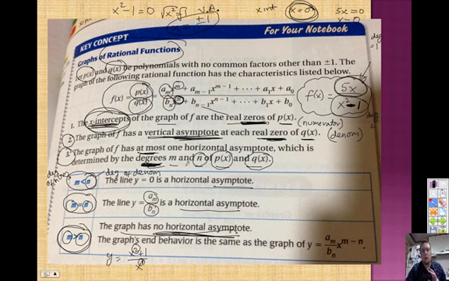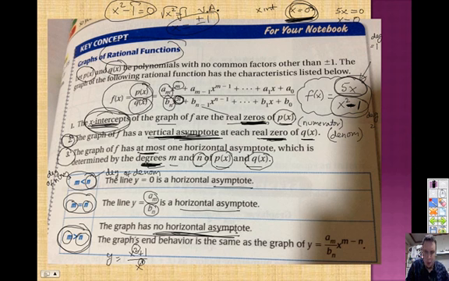There's a lot of stuff in this, so a quick recap. Number 1, find the x-intercepts by finding the zeros of the numerator. Set that equal to 0. Here's my x-intercept. Number 2, how do you find vertical asymptotes? Set the denominator equal to 0. We did that and found plus or minus 1.